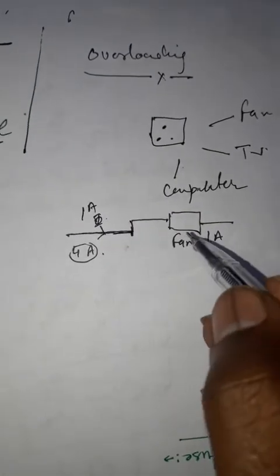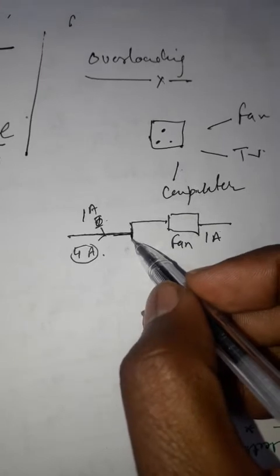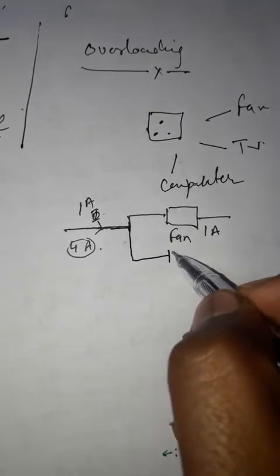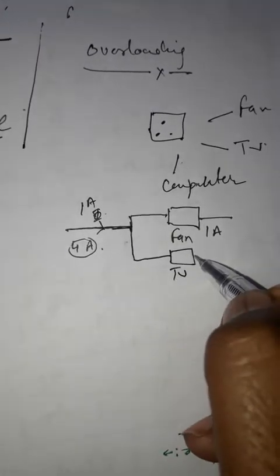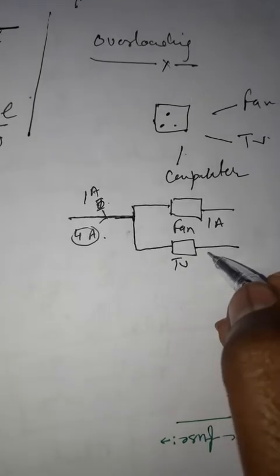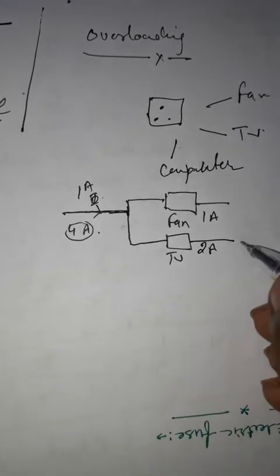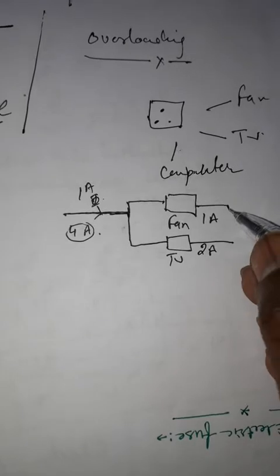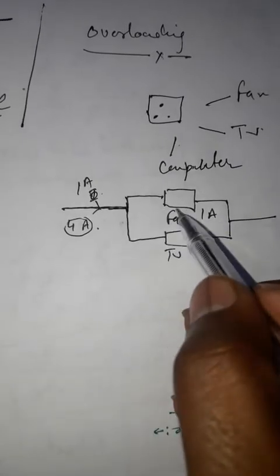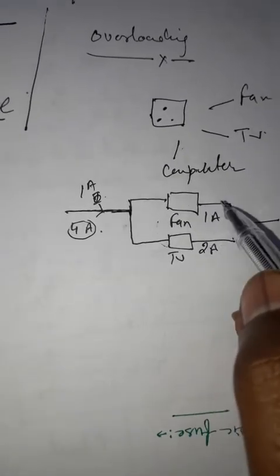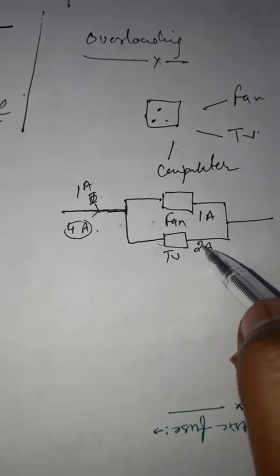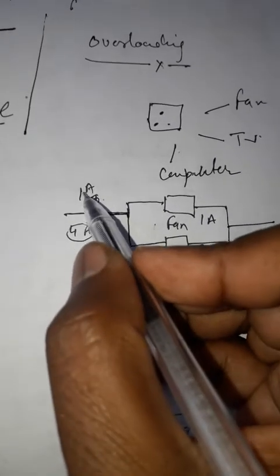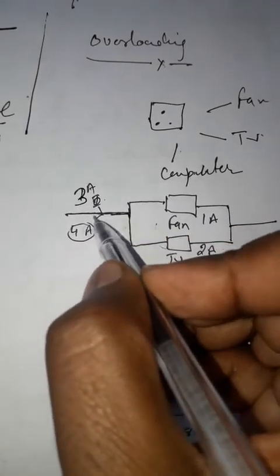But if at the same socket we use a TV set, and let the TV set require 2 ampere of current for its operation, then this circuit needs 1 plus 2, that is 3 ampere of current, so 3 ampere starts flowing through this wire.